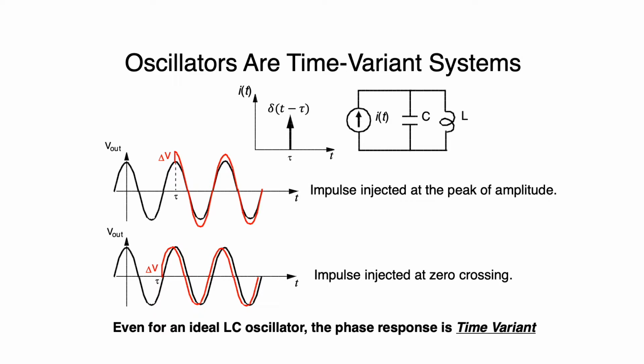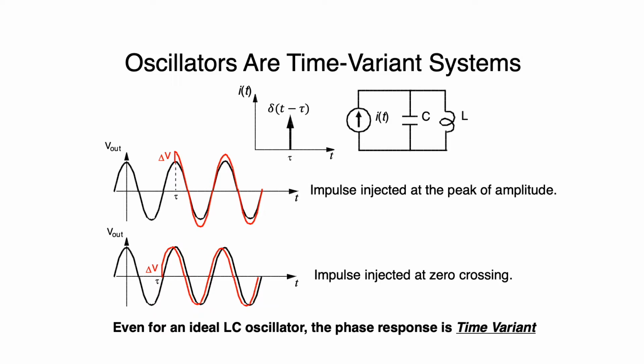Now, imagine two scenarios. Scenario number one is when the injection happens at the peak of the oscillation. What will happen? You will see that the amplitude increases. That's when the capacitor was fully charged, so you increase the charge, and the oscillator will go exactly in the same phase.